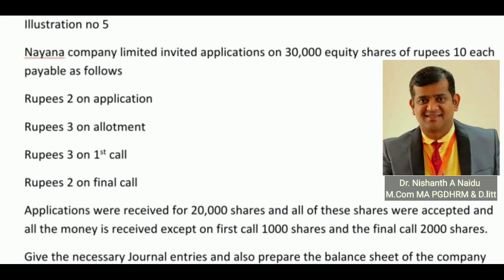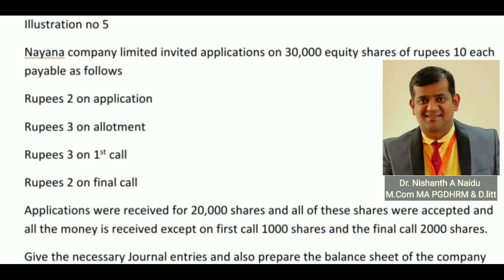Applications were received for 20,000 shares and all of these shares were accepted and all the money is received except on first call 1,000 shares and the final call 2,000 shares. Give the necessary journal entries and also prepare the balance sheet of the company.